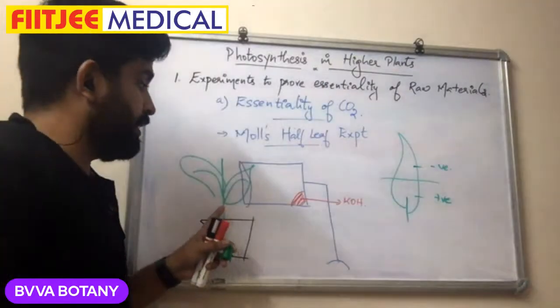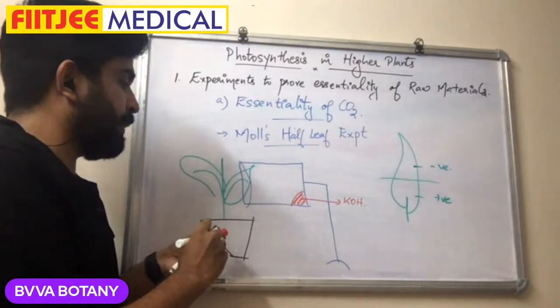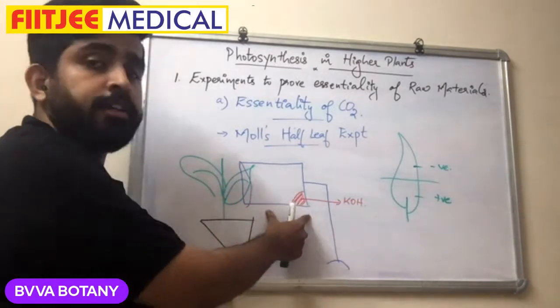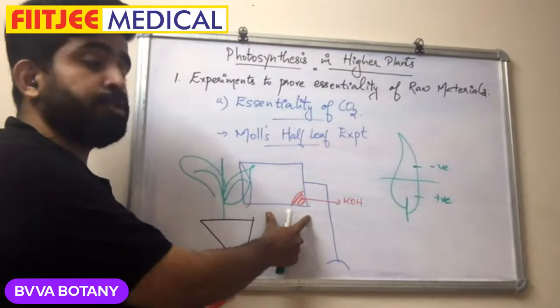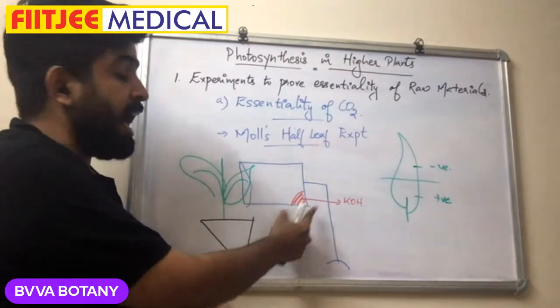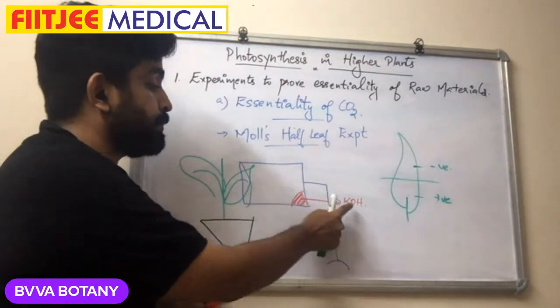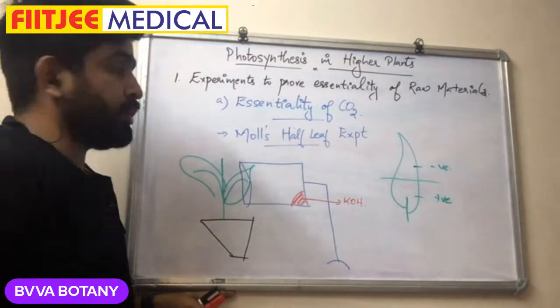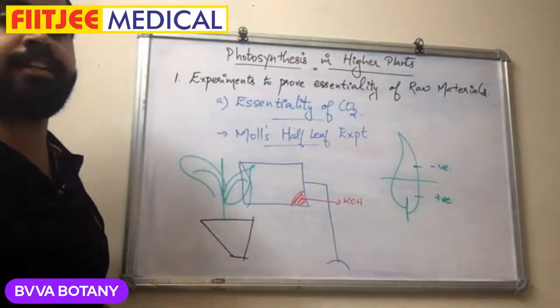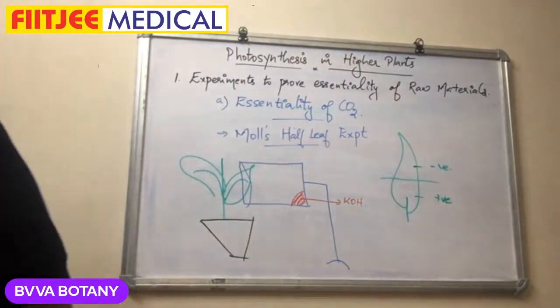What does that mean? The region inside the jar did not do photosynthesis due to the absence of carbon dioxide, because the available carbon dioxide was absorbed by KOH. This proves the essentiality of carbon dioxide.